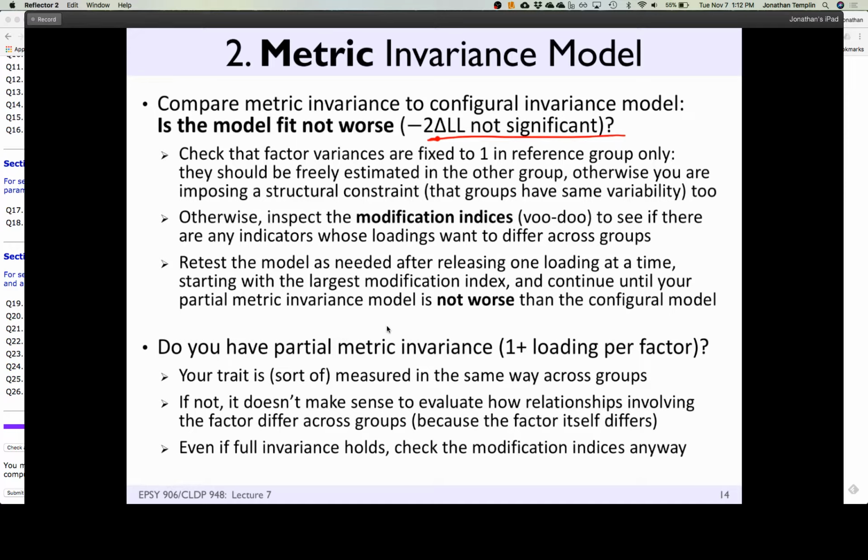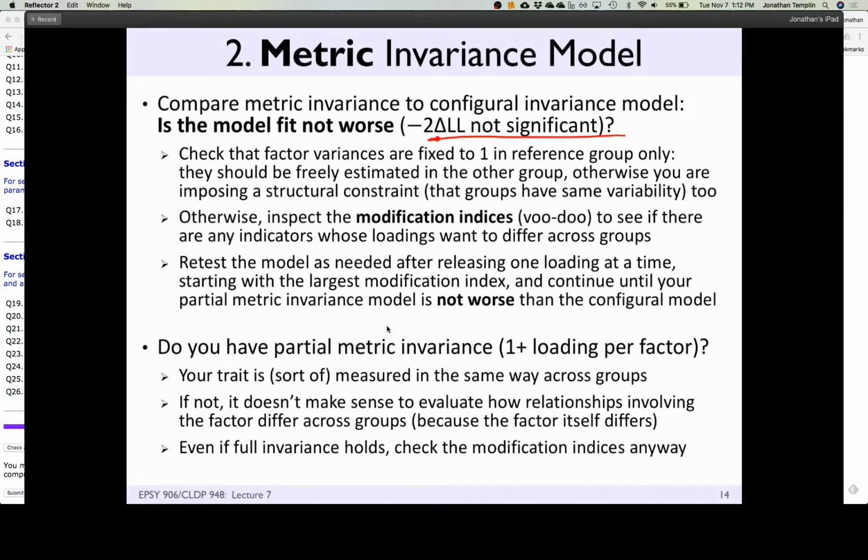The null hypothesis is these models are the same, or better yet, the metric model is preferred. And the alternative hypothesis is we reject the metric model. So if the p-value of this likelihood ratio test is high, we all applaud because you save a heck of a lot of steps, and you move to the next model and go on.